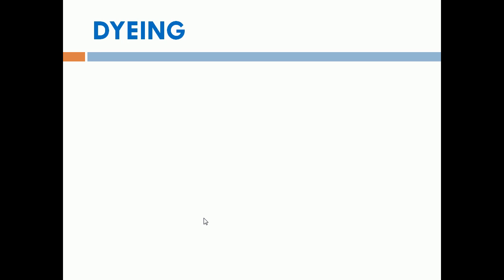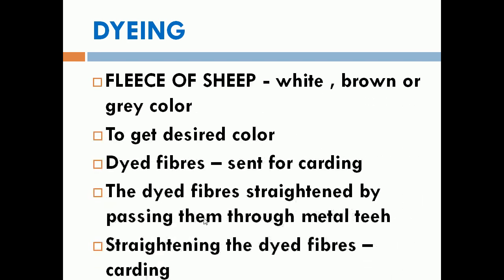The fourth step of wool production is dyeing. The fleece of sheep is usually white, brown or grey in color. To get the desired color, it is dyed in different colors.